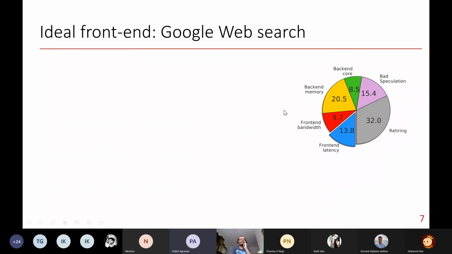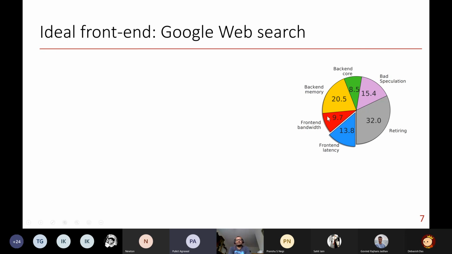So this is something from industry. This is a paper that I will float sometime, maybe next month. This is a Google web search workload, and this chart is showing the bottleneck from the different parts of the processor. Currently we are looking into the front end side.